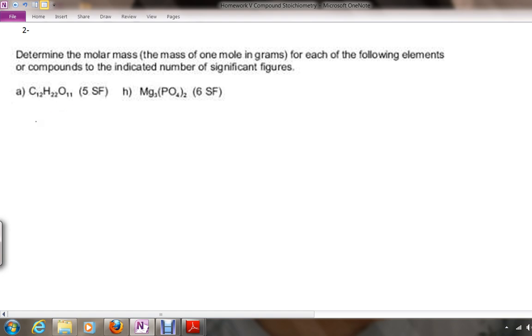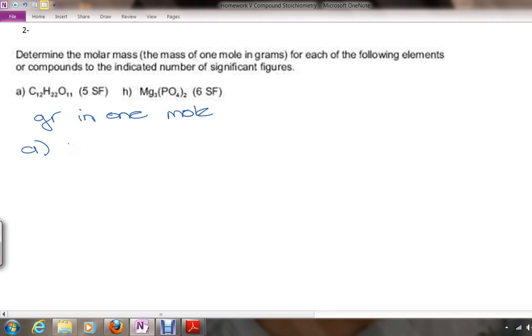The molar mass is the grams of a molecule in 1 mole. So let's calculate. I want to review it with you.